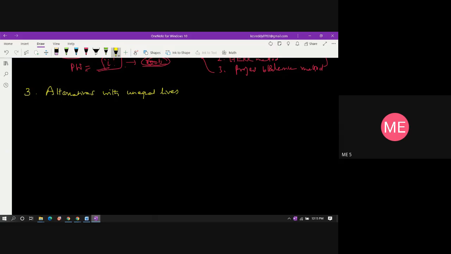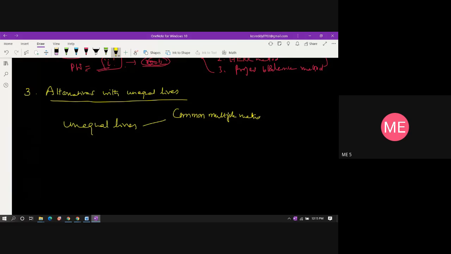When there are unequal lives, we have used the common multiple method, as well as the study period method.